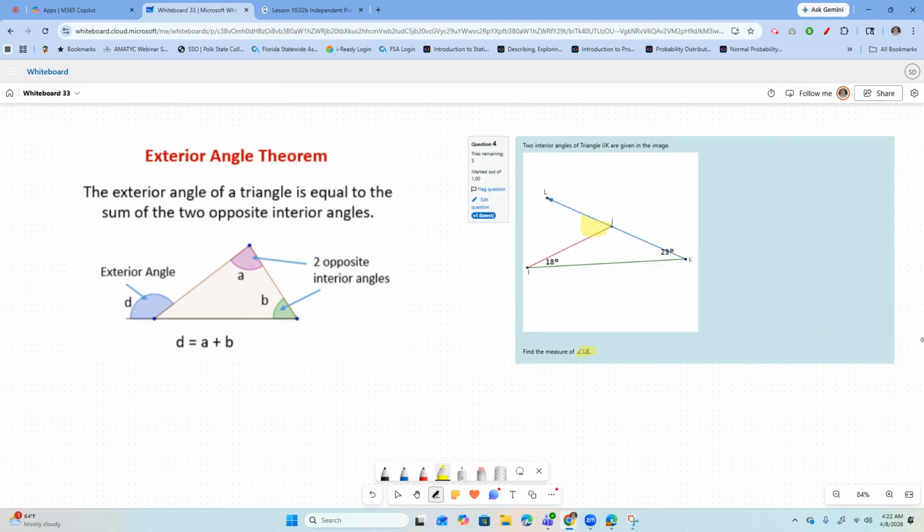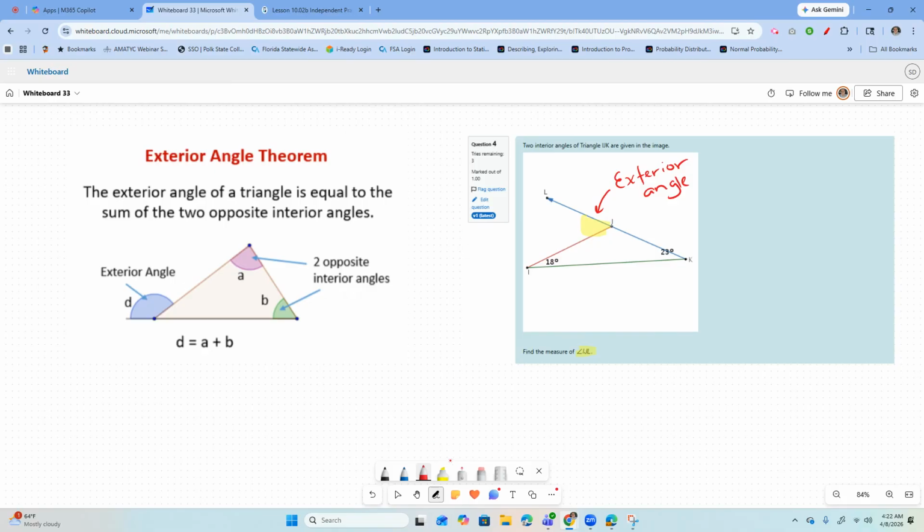Now you can see that angle is outside the triangle. So that's the exterior angle. And based on the exterior angle theorem, the two angles that are the farthest, the two angles that are opposite to that angle, if you add them, it will give you the angle.